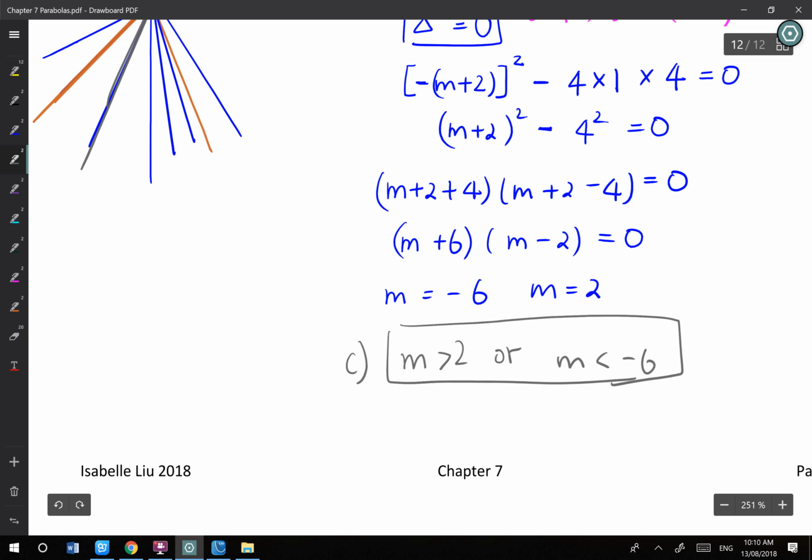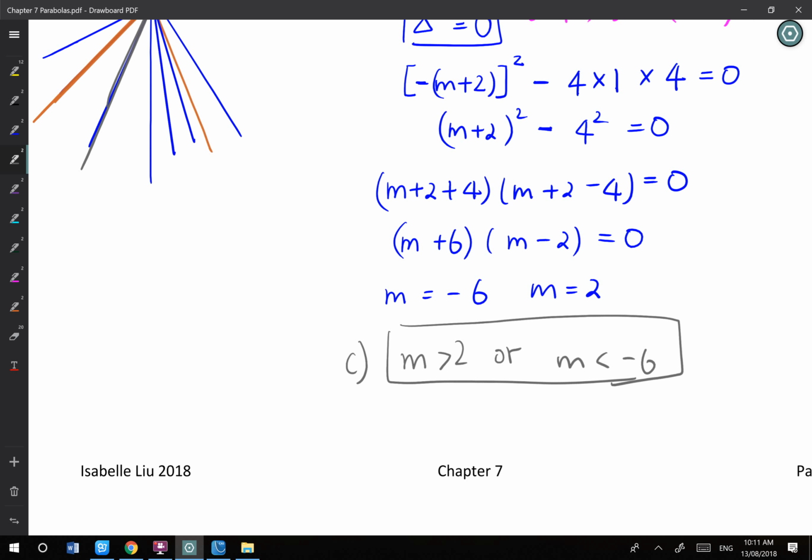So 8 can work. Can 1 work? No, 1 doesn't work. Can -5 work? No, -5 can't work.